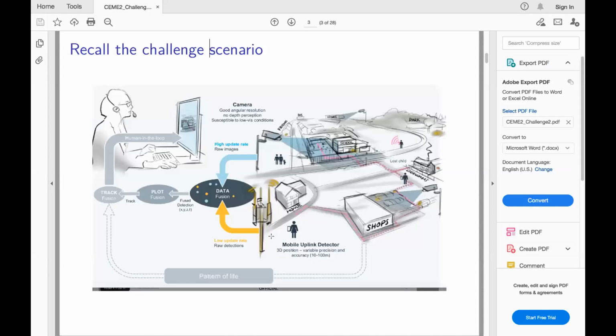So if you recall the scenario, rather than the problem in the abstract, the scenario we were given is: imagine a lost child. And we also started talking about Catherine's lost dog at some point. And imagine you have some data, and some of that data may be of a very different kind. It may be data about past behavior. It may be completely different bandwidth.